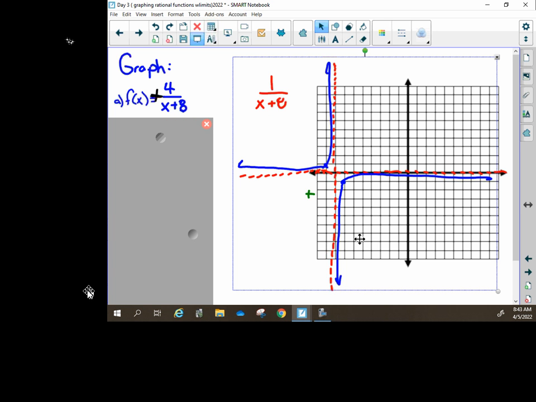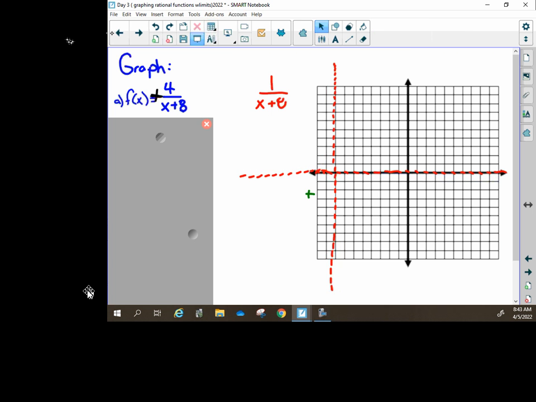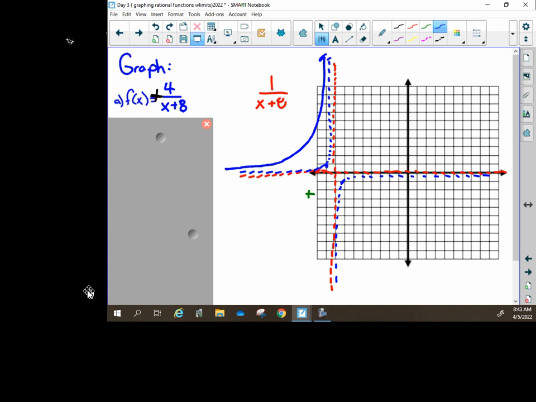Vertical stretch. It's a vertical stretch. So this part of the graph right here should really be dotted. If I'm going to graph this, there's the parent right there. And if I'm going to stretch it out, I don't really care about the exact graph.